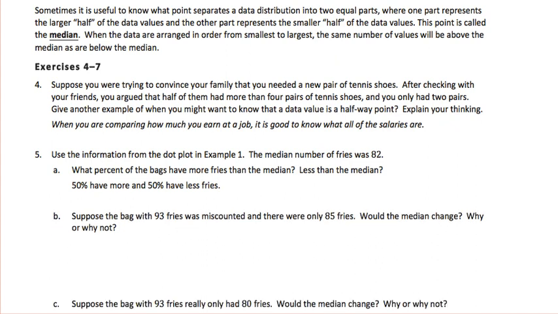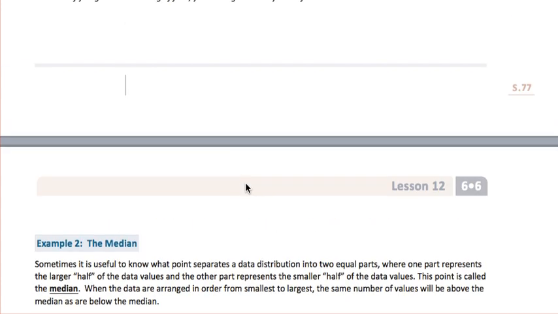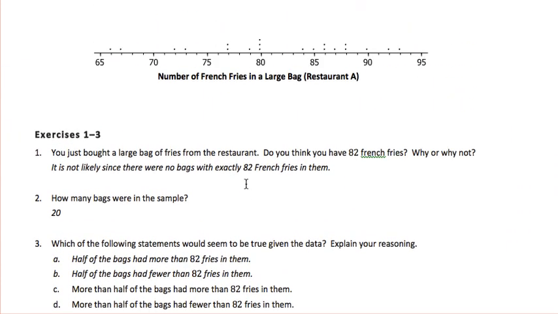Now let's suppose the bag with 93 fries was miscounted, and there were only 85 fries. Would the median change? Again, let's look back at our dot plot so we know what we're looking at. If the 93 became 85, it would still be in the group that is more than the median, which is 82.